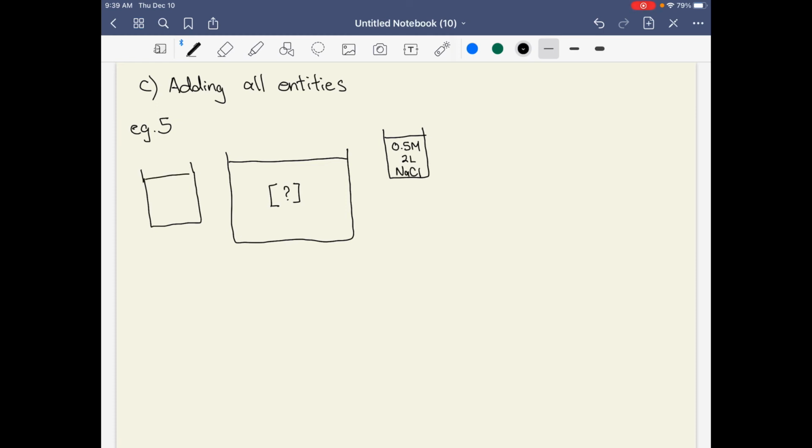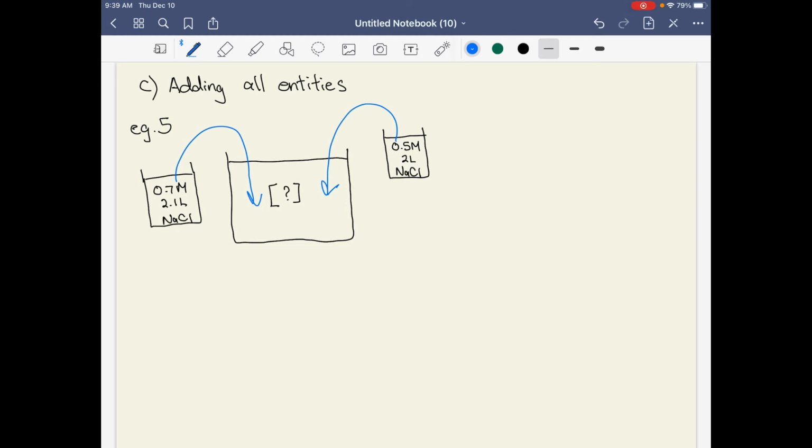It's a little higher in concentration. It's 0.7 molar, but it has a higher volume of maybe like 2.1 liters. Also NaCl. I'm going to add this in here, and I'm going to add this in here, and I want to know what is my new concentration. That's what we meant by adding all entities.